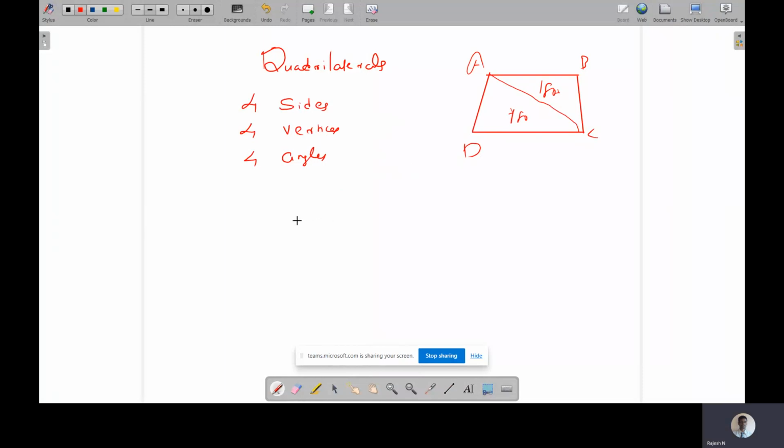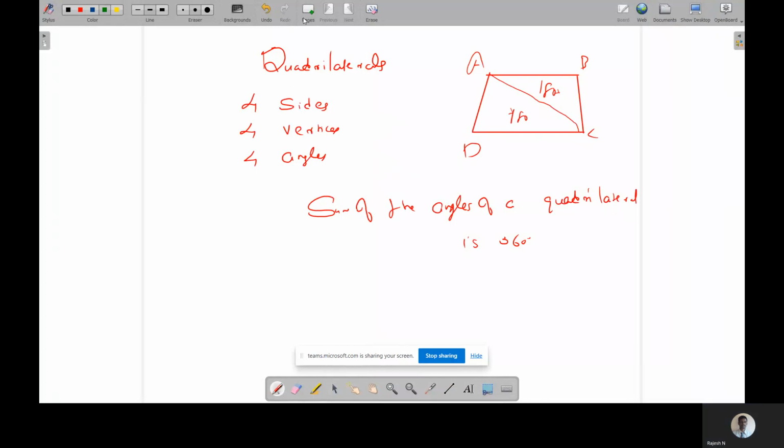So the sum of the angles of a quadrilateral is 360 degrees.